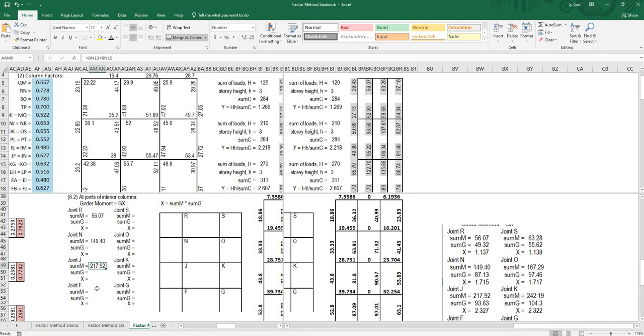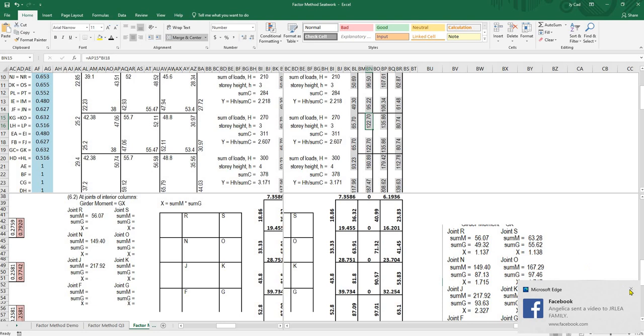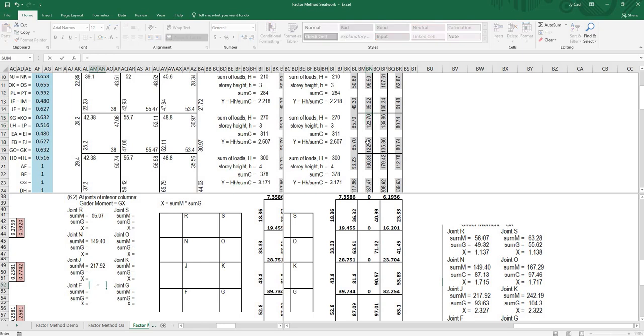And then, sa joint F, that is 122.7 plus 160.89.